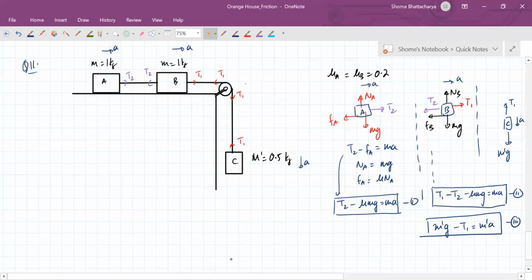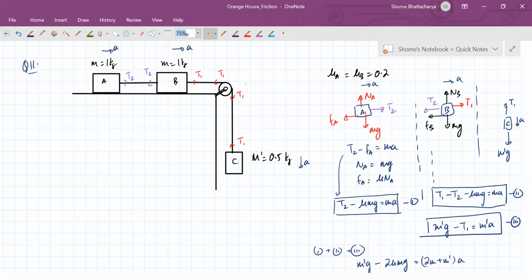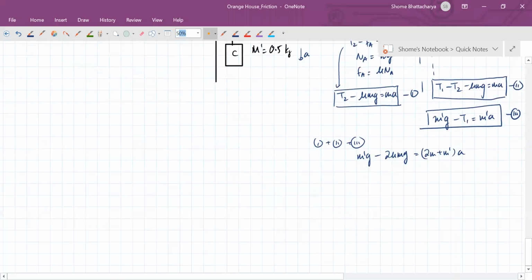Third equation. Now what you do is just add the three equations. 1 plus 2 plus 3. So plus T2 minus T2 plus T1 minus T1 will cancel out. On the left hand side we will have m prime g minus 2 mu mg. On the right hand side we'll have 2m plus m prime into a. Then you substitute the values.